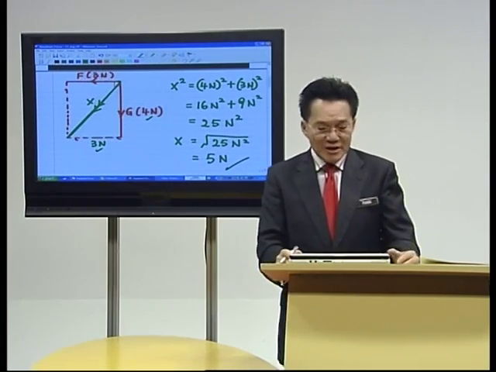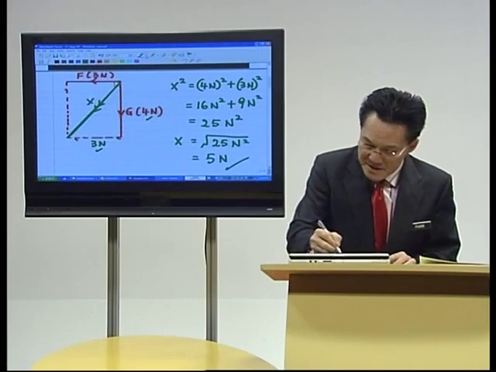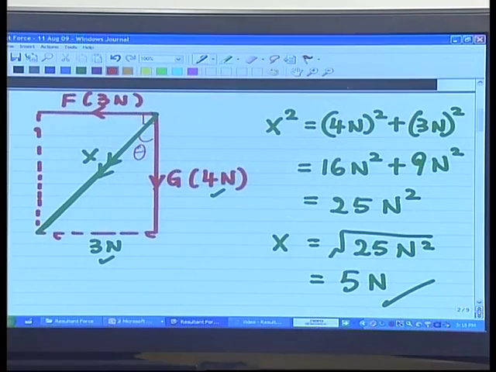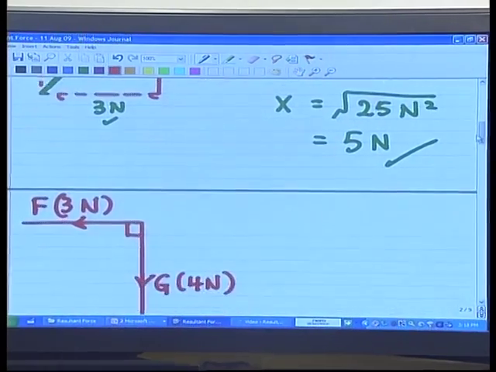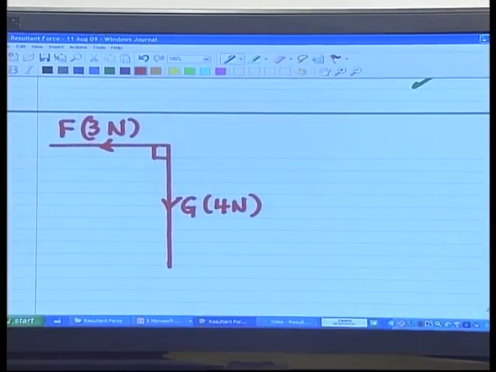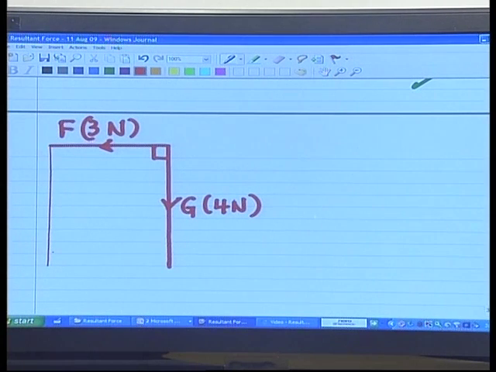Now what about the direction? Just now I mentioned that for the direction we can call this theta. So let's come down to this. We want to calculate theta. So very quickly I'll just draw the diagram.